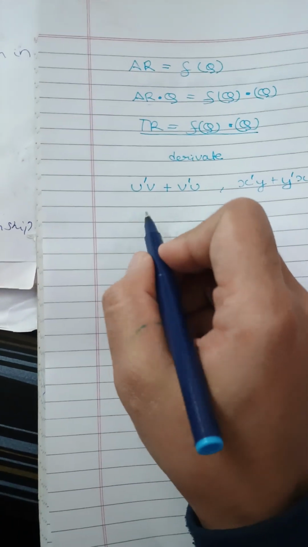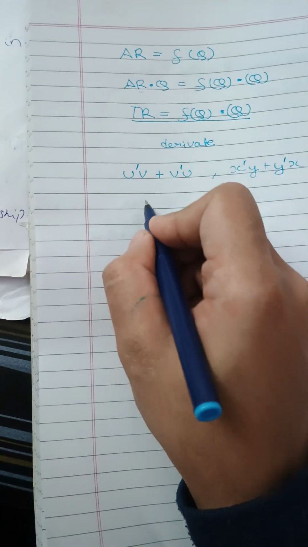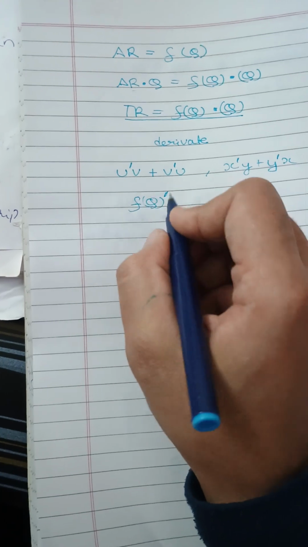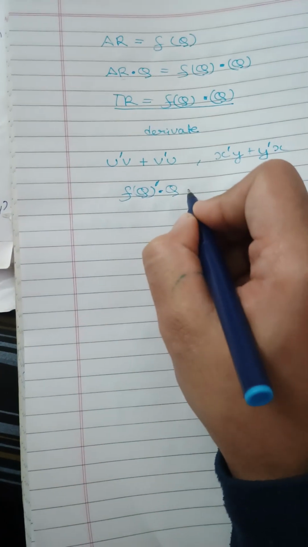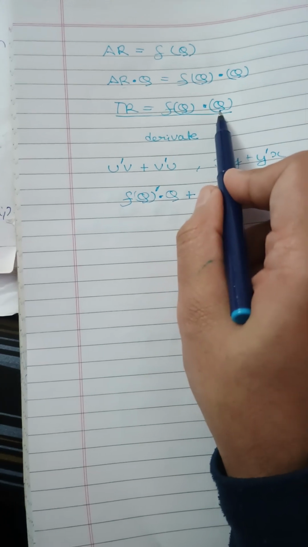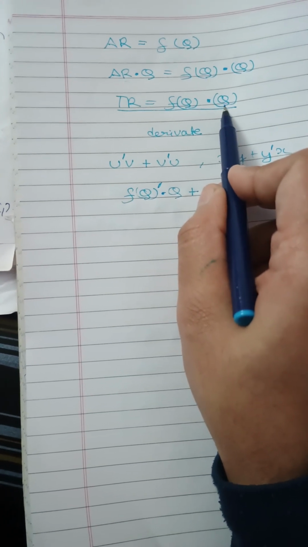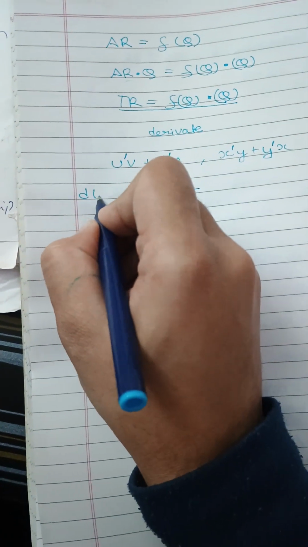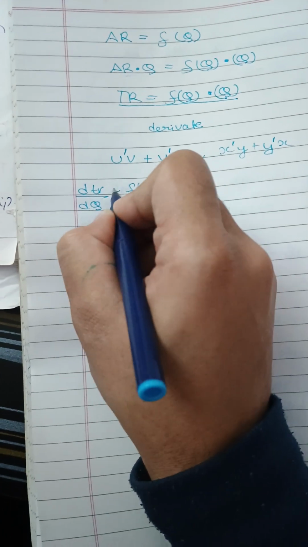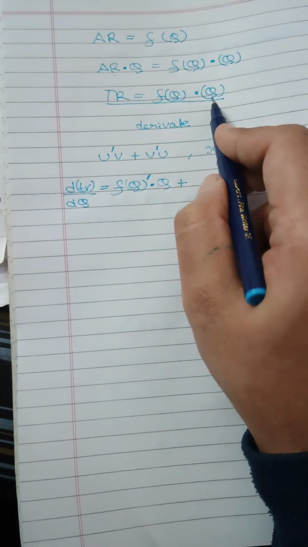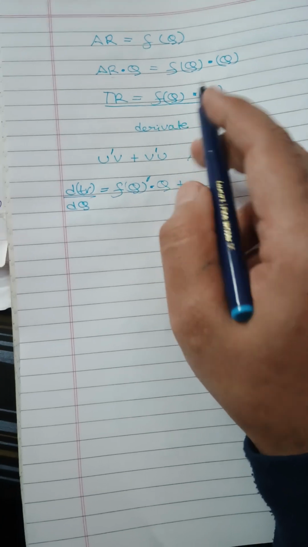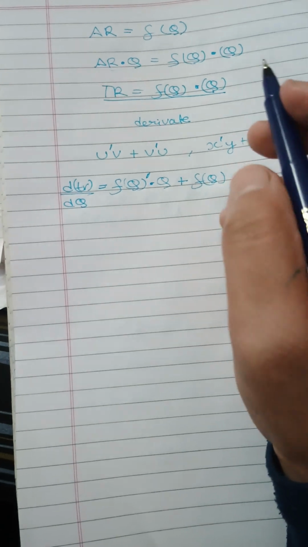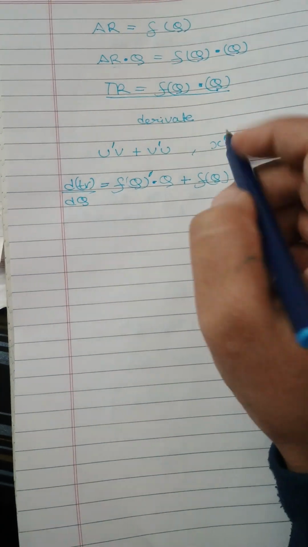Now first we will derivate this, so we write F(Q) dash, and V as it is, which is Q. Now we derivate the Q with respect to Q, so Q will automatically become 1, and F(Q), the function of Q, we write as it is.